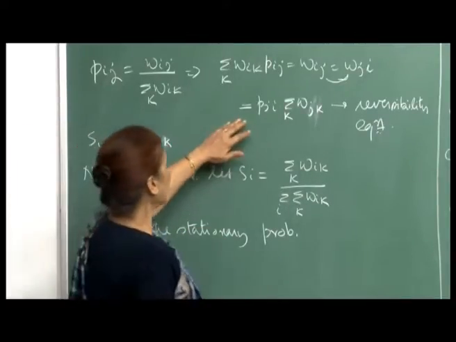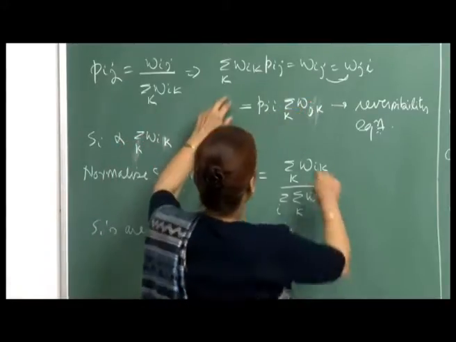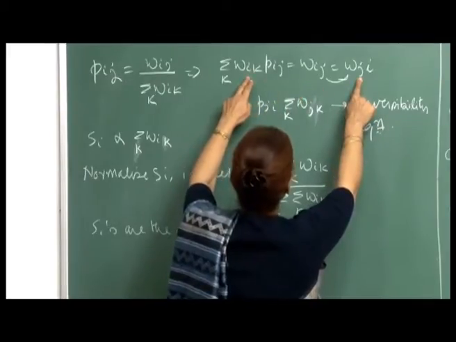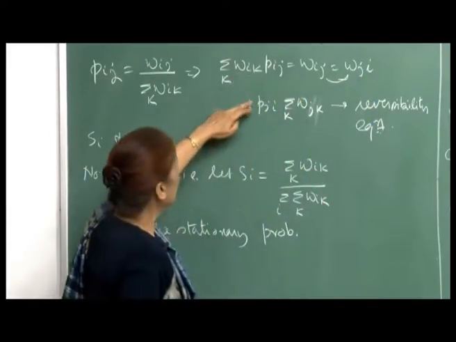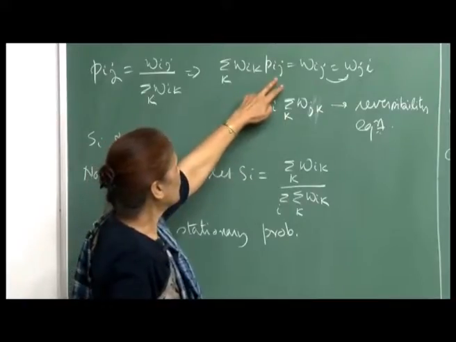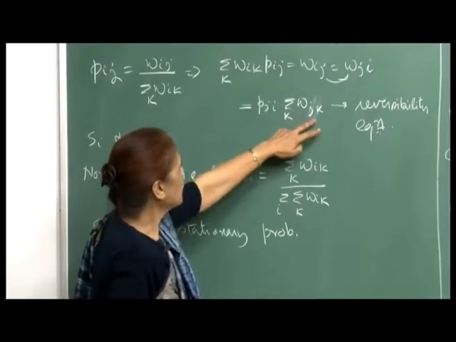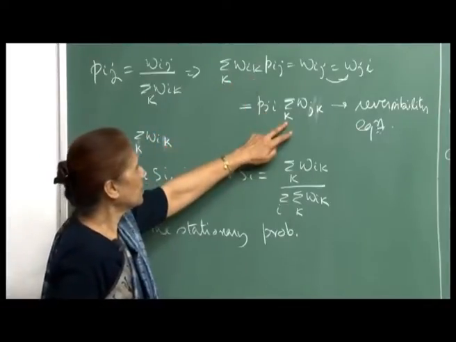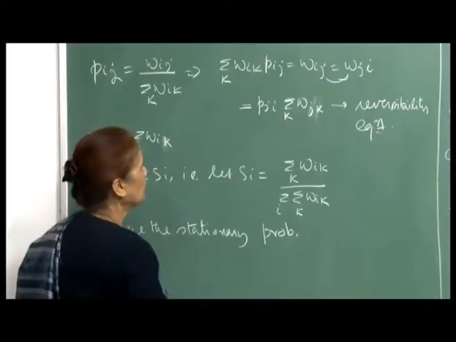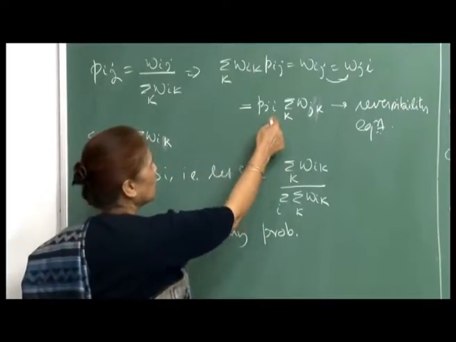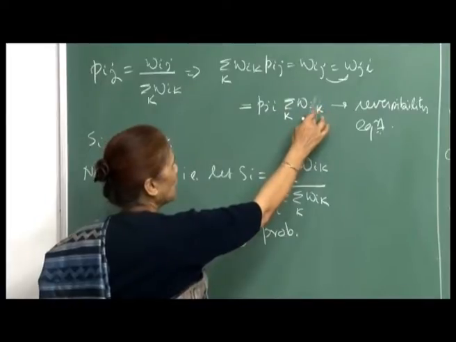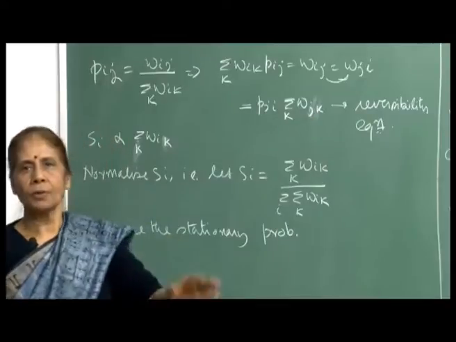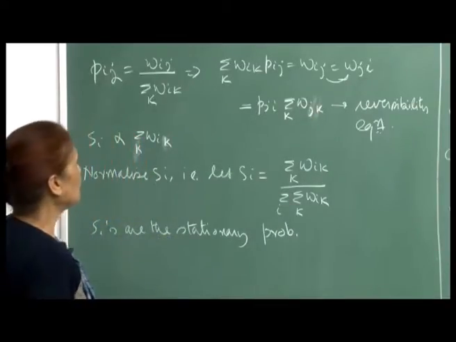Since I have been able to write this, Wji can be written the same way as Pji into the summation Wjk over k, with Pij replaced by Pji, because here it was Wik. Here it will be the summation of Wjk over k, because you are at node j. So, from j you are transitioning to i. Therefore, you add up all the weights of the edges incident on node j, which are of the kind jk.